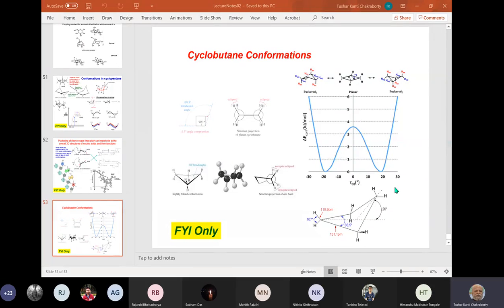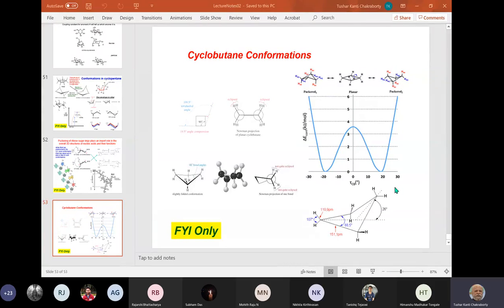Keeping this in mind, for a methyl group, you can remember 0.9 kilocalorie per mole for each 1,3 diaxial interaction. So if you have two 1,3 diaxial interactions, it destabilizes by 1.8 kilocalorie per mole. One intramolecular hydrogen bond stabilizes the system by 5 kilocalorie per mole. One butane gauche interaction is also 0.9 kilocalorie per mole. So these are numbers which are not very difficult to remember. A few numbers you can remember to explain some of those products.